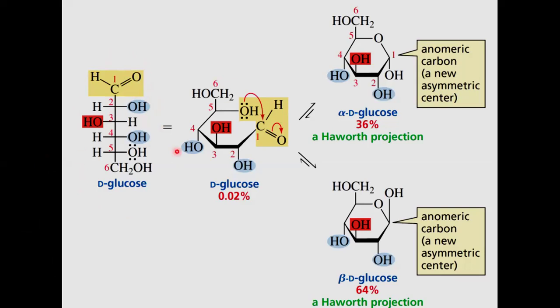As per the stereochemical nomenclature, the most oxidized carbon is supposed to be at the top of the molecule, and that's why in the case of aldoses, the aldehyde group will be at the top of the molecule, and the least oxidized group, the CH2OH group, will be at the bottom of the molecule.